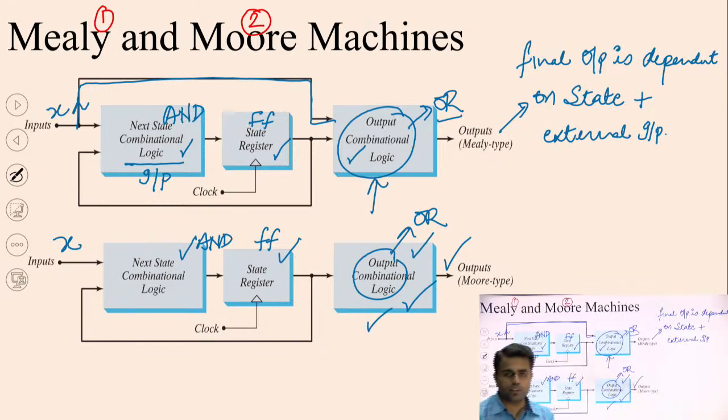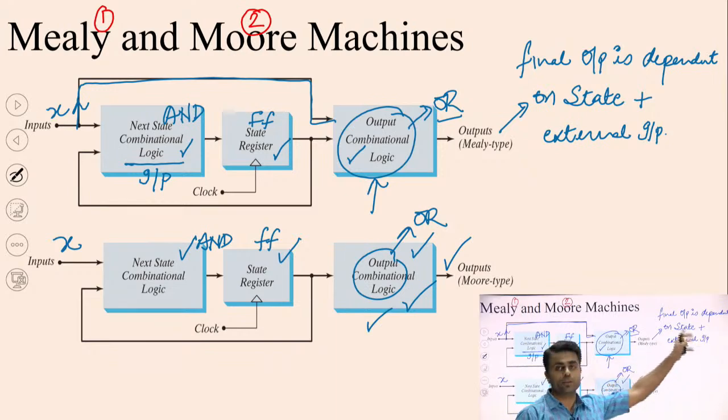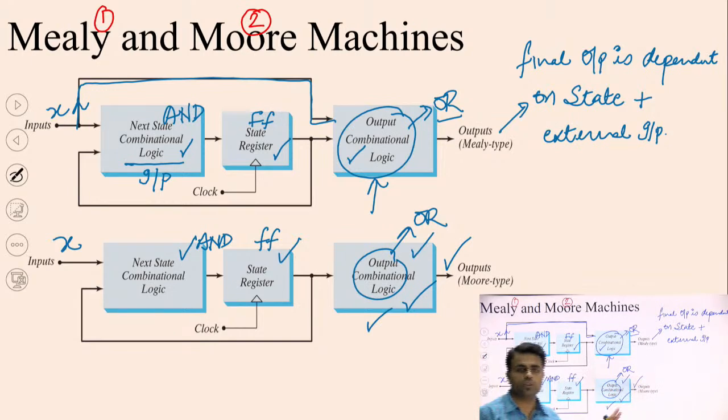So what is the basic difference between the Mealy circuit and the Moore circuit? In a Mealy circuit, the final output is dependent on state and external input, but in a Moore circuit the final output is dependent only on the state of the circuit and does not depend on the external input. So this is the basic difference.